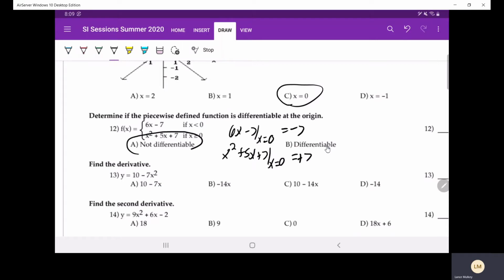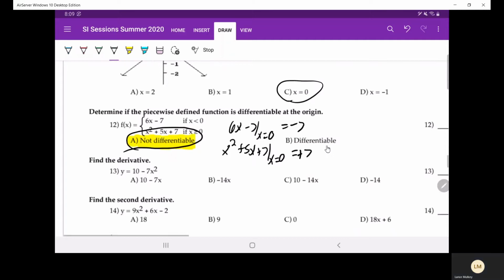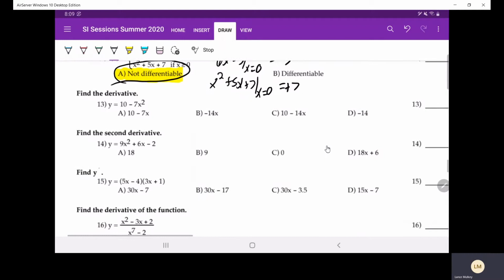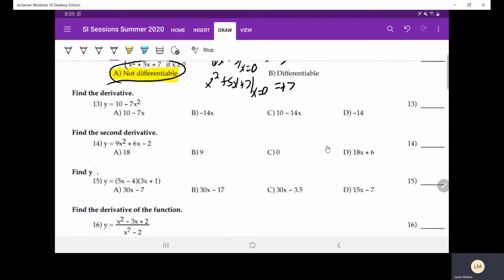So it is not differentiable. I may have missed this when we went over it earlier. I'm sorry, guys. Pay attention to those signs. That's how they always try to get you. Signs and trig.